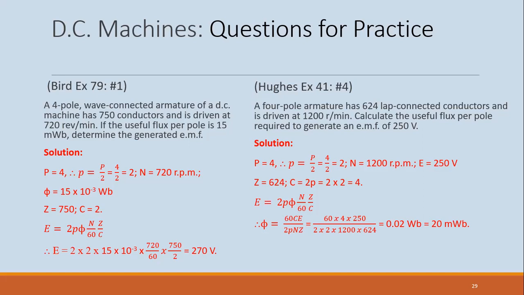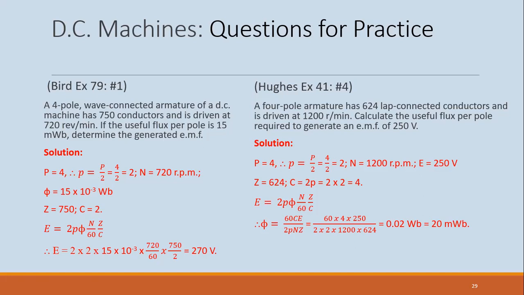So the question says, a 4-pole wave connected armature of a DC machine has 750 conductors and it is driven at 720 revs per minute. If the useful flux per pole is 15 milliwebers, determine the generated EMF.